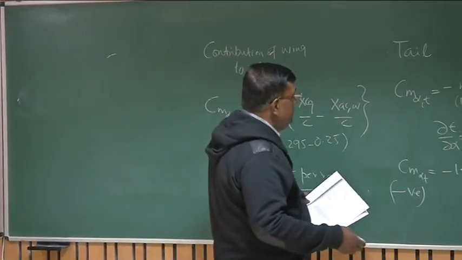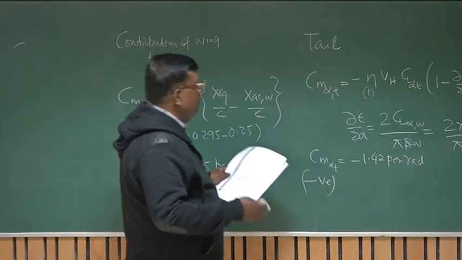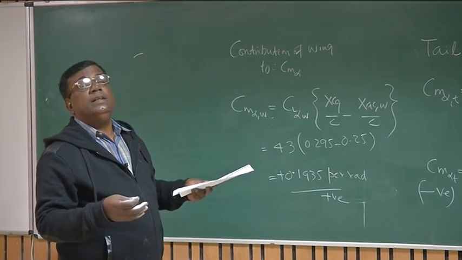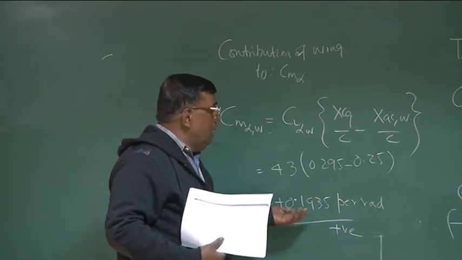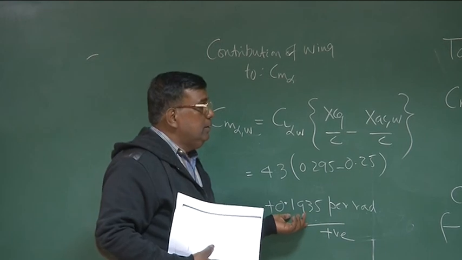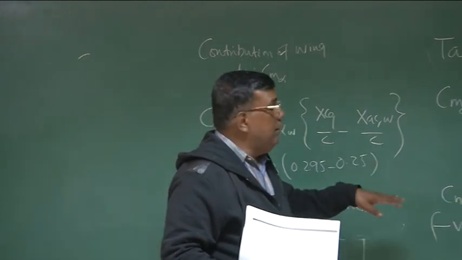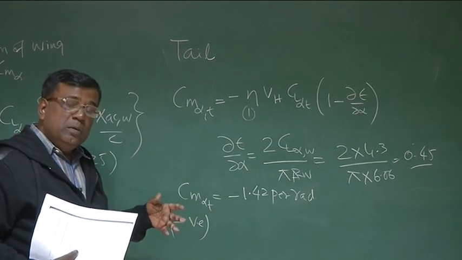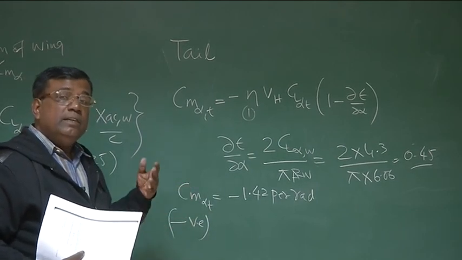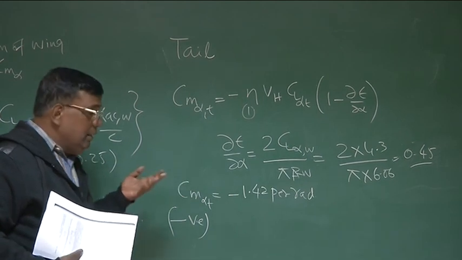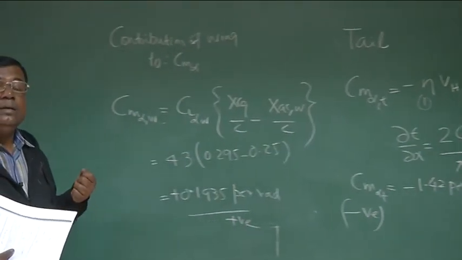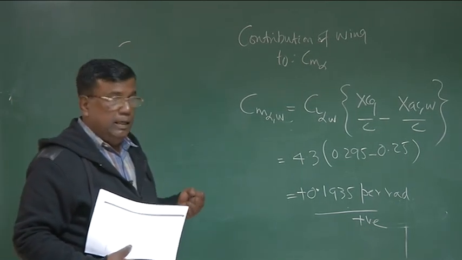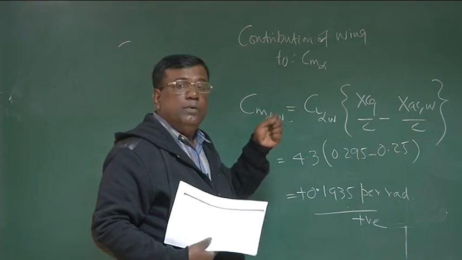That is, in a way, we have now seen the role of the horizontal tail. You could see a destabilizing configuration has been converted into a stabilizing airplane by using an appropriate tail. And also, the tail has a contribution to Cm naught. By giving a setting angle in the tail, the Cm naught has been made suitably positive. Okay? This is the beauty of this term. As a designer, you need to use it more frequently.